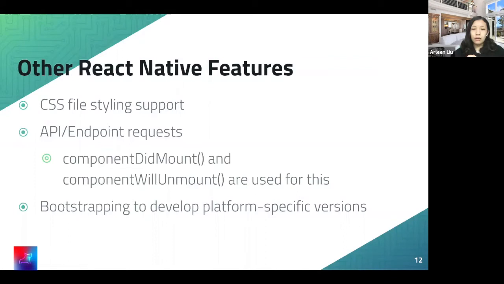And then there's bootstrapping to develop platform-specific versions. There are other convenient tools if you want to add features that are iOS only or Android only, and React also has tools that allow you to do this with ease.